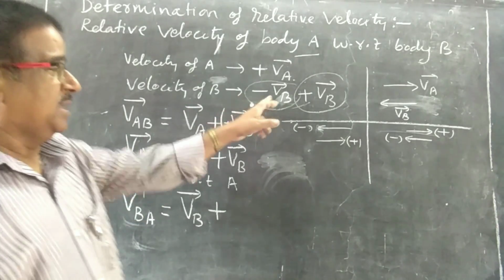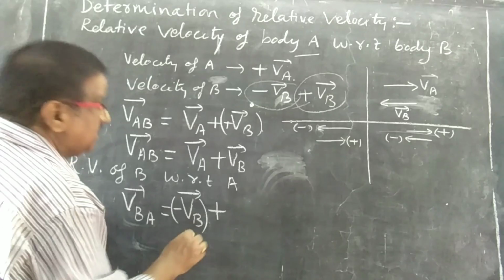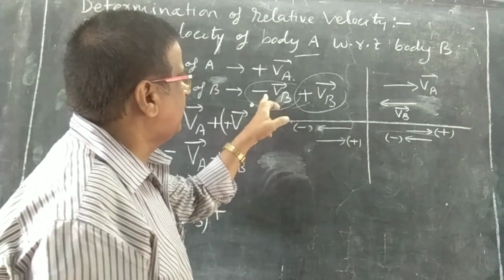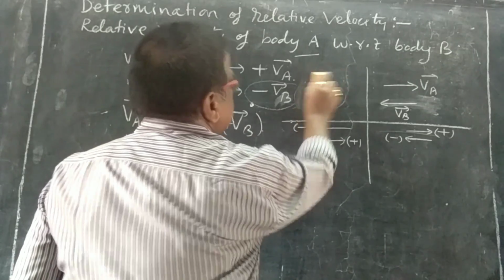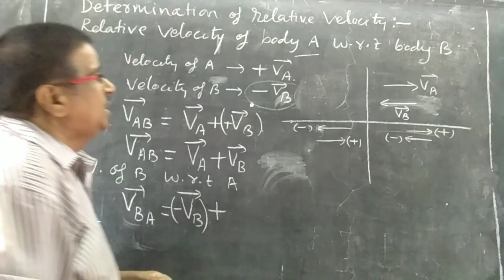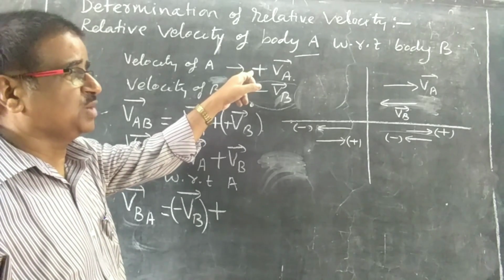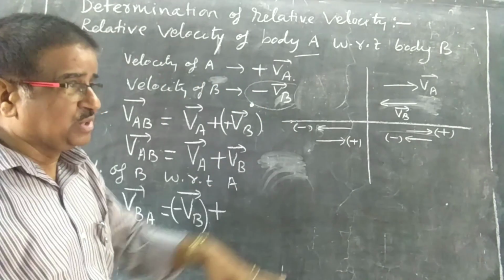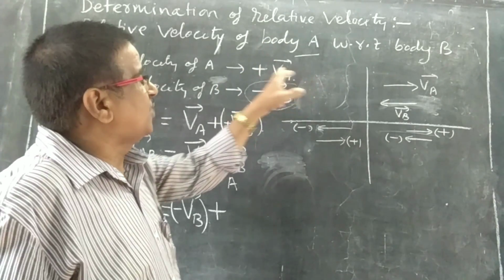Now VB, we are calculating here, the value is minus VB. According to this situation, the value is minus VB. Now we are calculating the relative velocity of B with respect to A. So with respect to the body, the velocity of the body should be taken to be 0. For that, the same quantity will be subtracted from it.